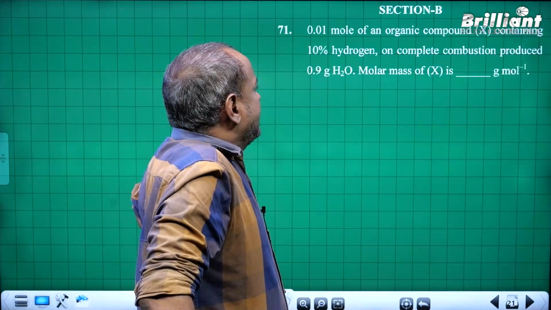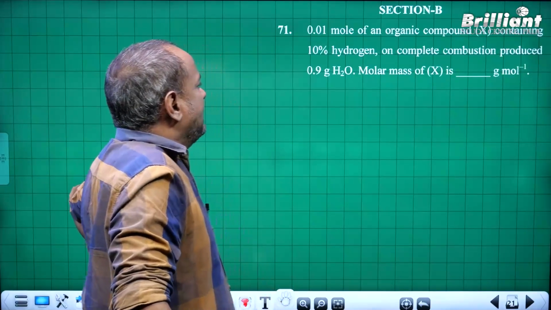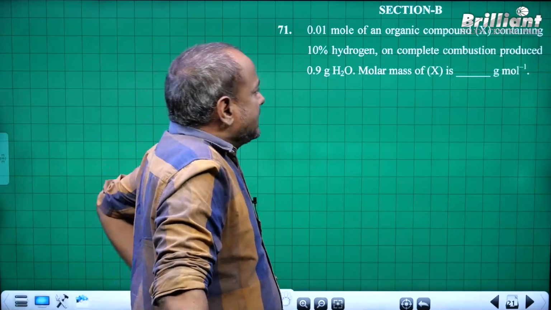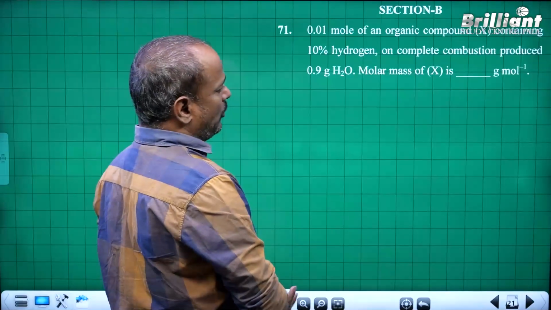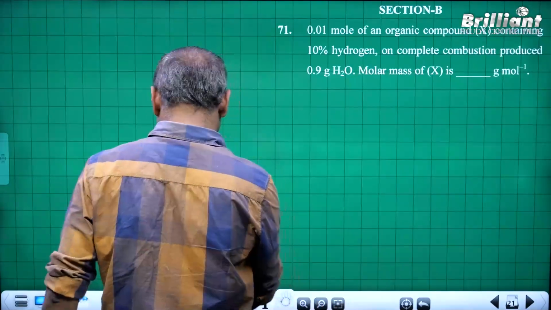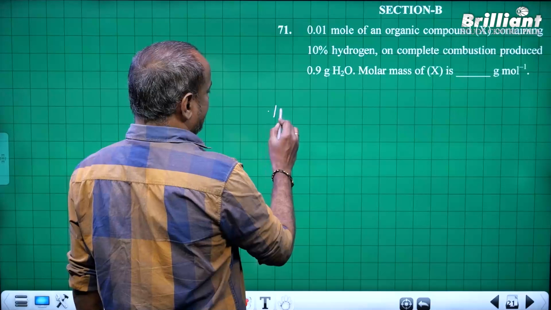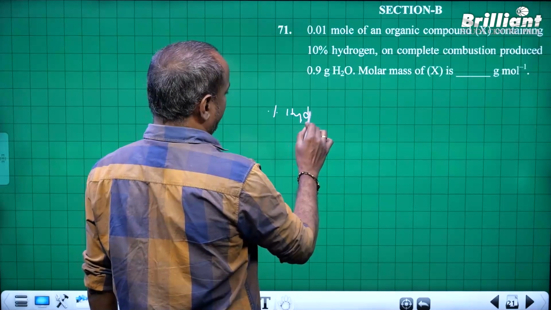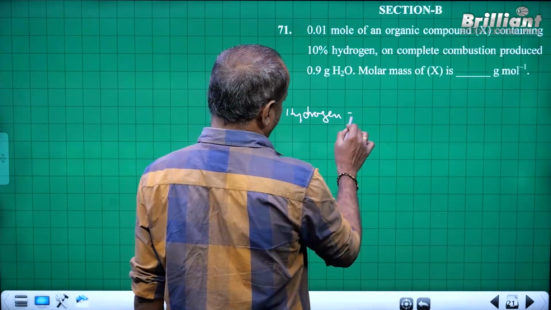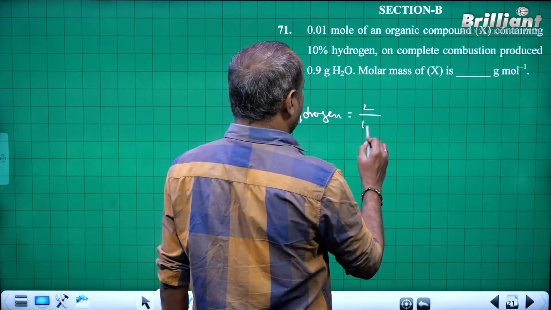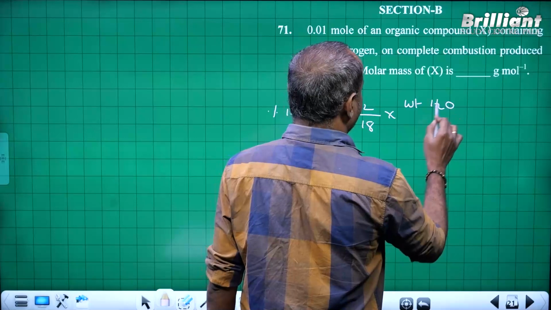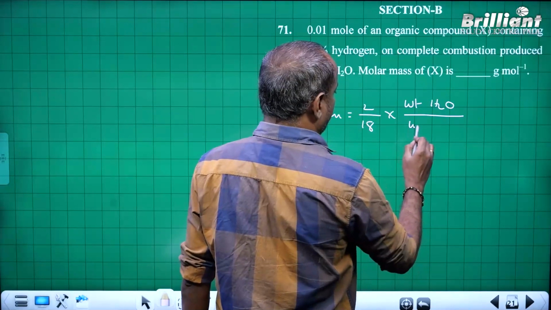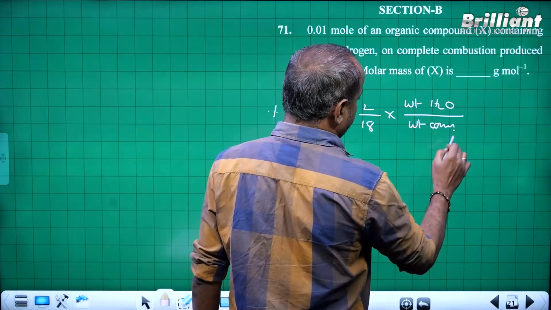Next, 71. 0.01 mole of organic compound X containing 10% hydrogen on complete combustion produced 0.9 grams water. Molar mass of X is? Percentage of hydrogen is equal to 2/18 into mass of water by mass of compound into 100.